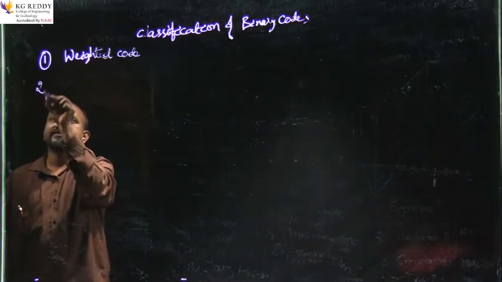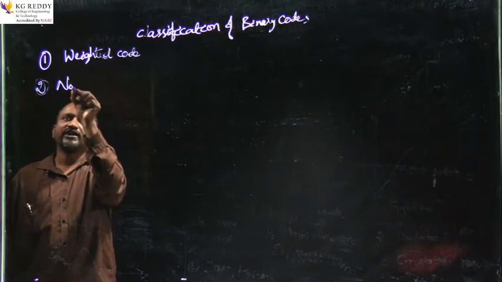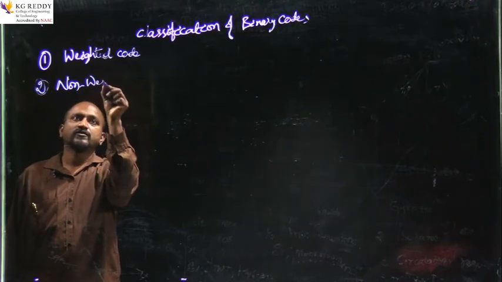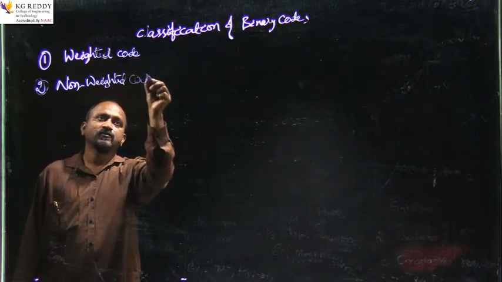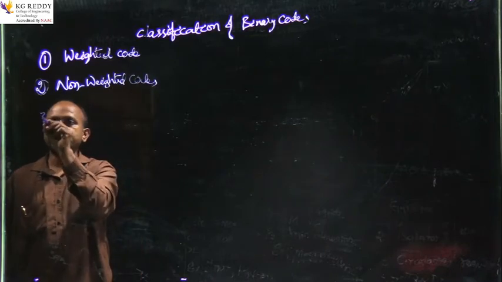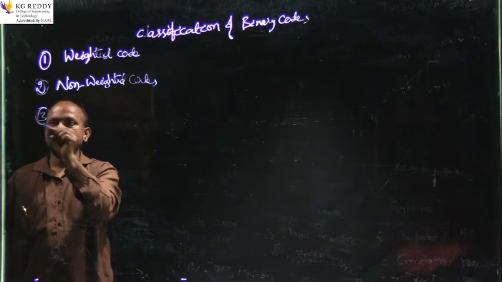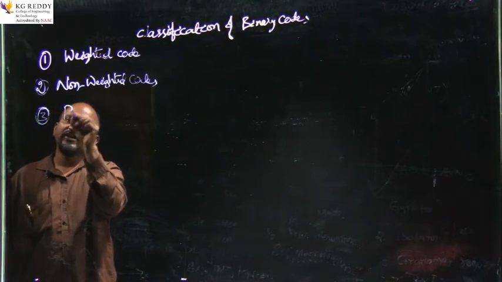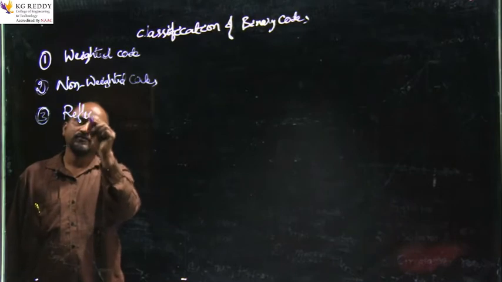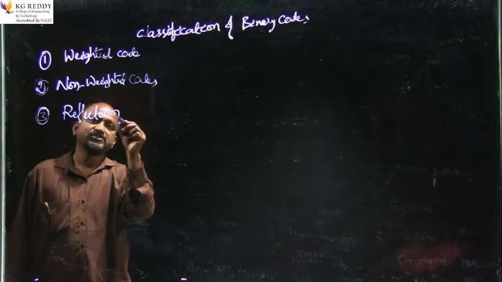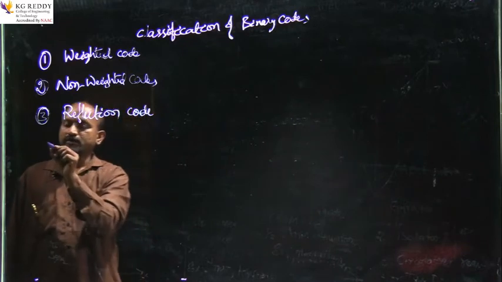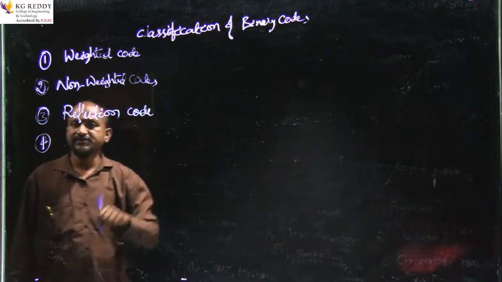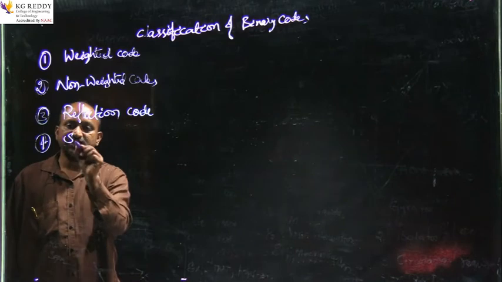The second one is non-weighted code. The third one is reflective code, or reflection code. The fourth one is sequential code.